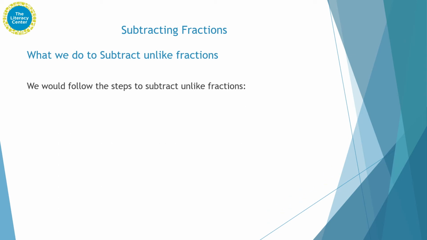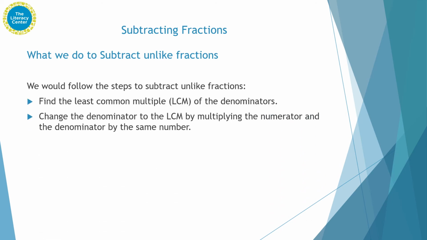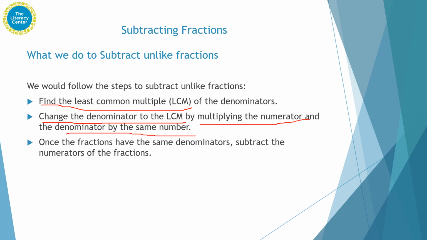We follow these steps to subtract unlike fractions. To do so, find the least common multiple of the denominators. Then change the denominators to the least common multiple by multiplying the numerator and denominator by the same number.